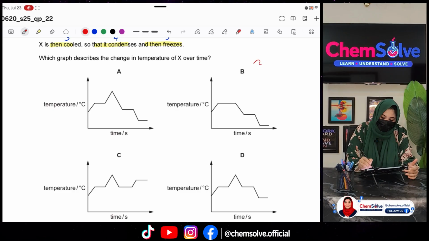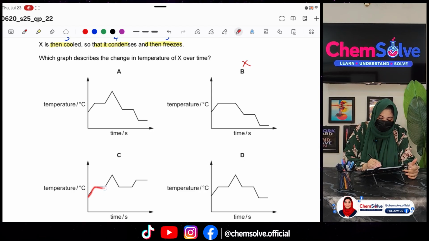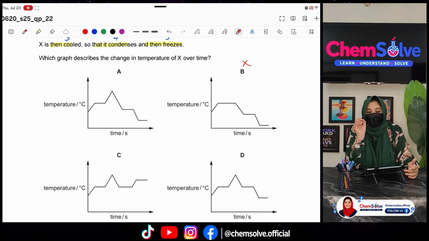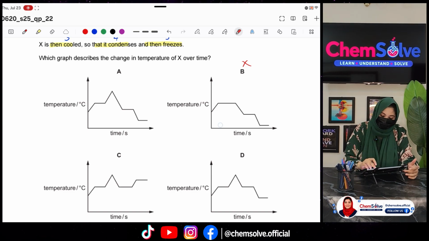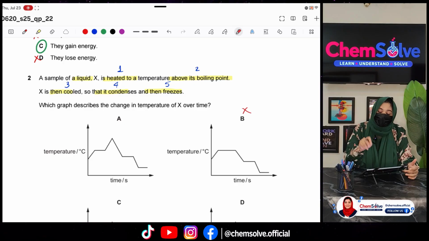So B is incorrect. Same thing happens in C. It is heated, boils and moves up to the boiling point. So we have to choose between options A, C and D. B is incorrect. Next, we have to see it cools down, condenses and freezes.